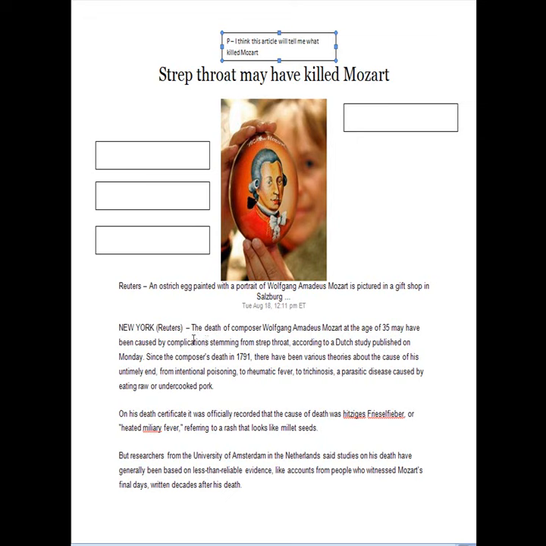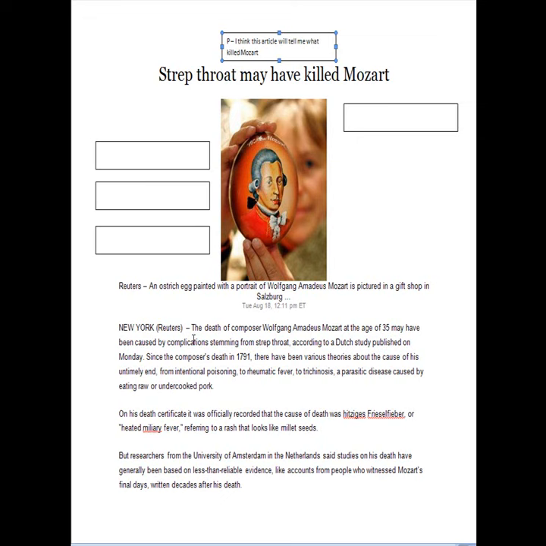The death of composer Wolfgang Amadeus Mozart at the age of 35 may have been caused by complications stemming from strep throat, according to a Dutch study published on Monday.